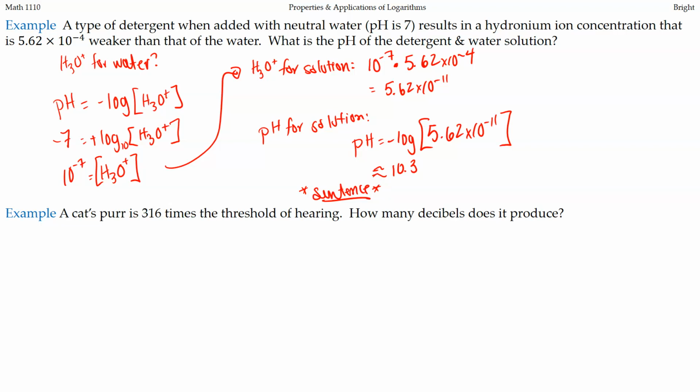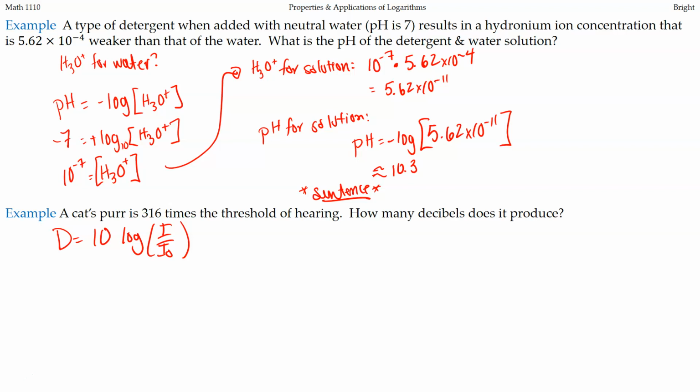Now, for the next one, the cat's purr problem. For that one, we're talking about hearing, about sound. We're going to be talking about the decibel scale. Just as a reminder, the equation there was D is equal to 10 log of I over I naught, and I naught was the threshold of hearing.